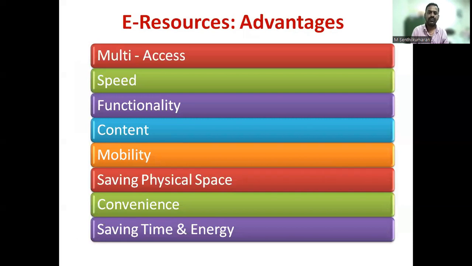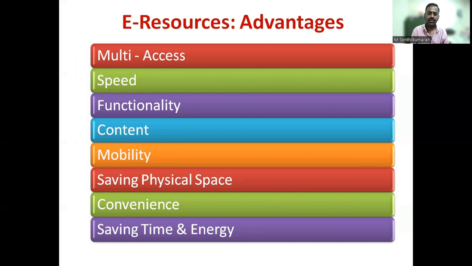The main advantages of e-resources are that they can be used by many users, that is, multiple access can be done, and the speed of e-resources is very high. The link can be shared in a fraction of a second. The functionality of e-resources is very easy.